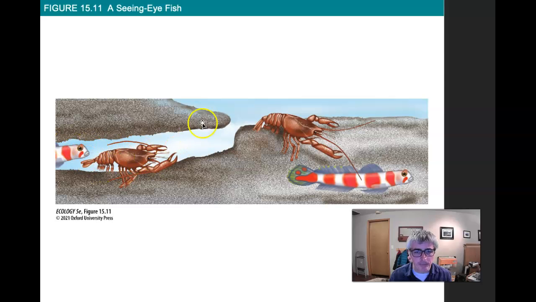When they're in the burrow that the pistol shrimp created, the pistol shrimp guards it and helps keep the goby safe. And so it's this interesting habitat mutualism between two extremely dissimilar species, but it seems to work pretty well.